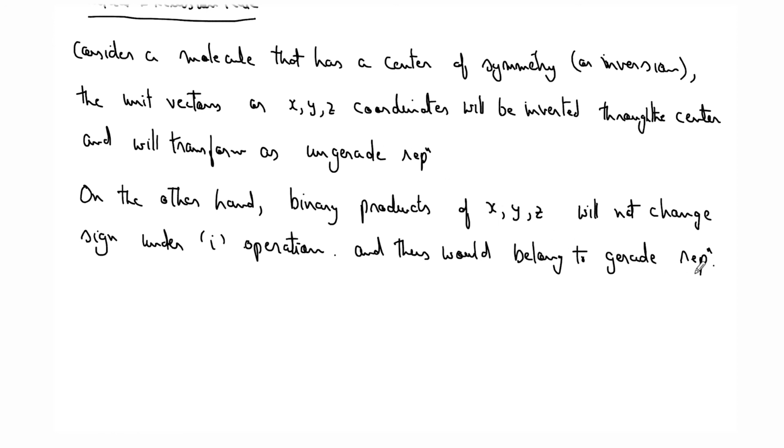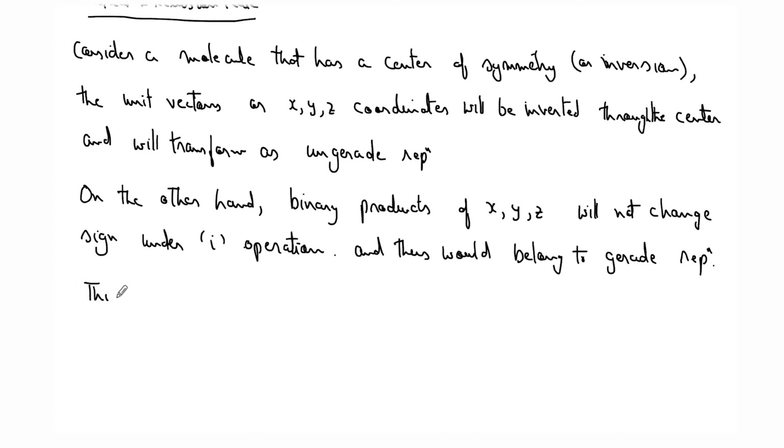So this will always form a gerade representation. xyz will always form a basis to ungerade representation, and thus whenever there is a center of symmetry in the molecule, the IR and Raman spectrum will be mutually exclusive to each other.